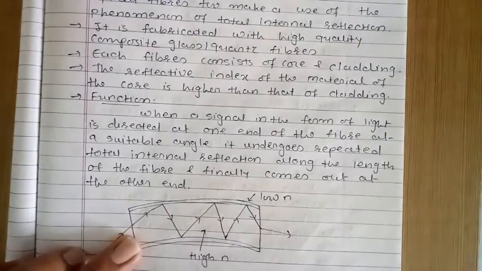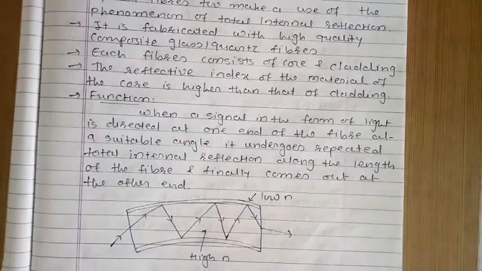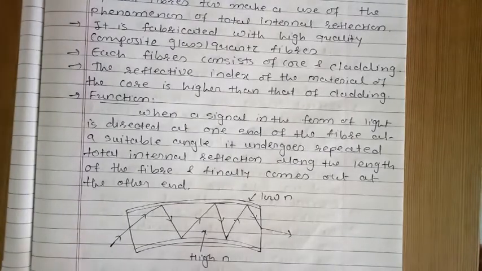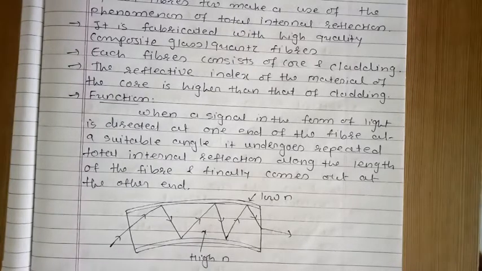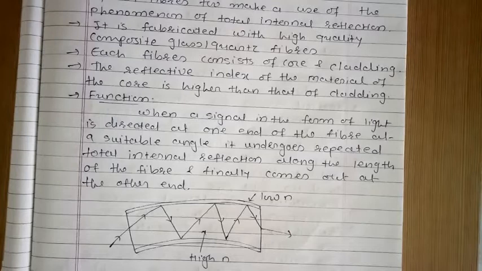We know that if a ray of light goes from a rarer to a denser medium, then it bends towards the normal, and if a ray of light goes from a denser medium to a rarer medium, then it moves away from the normal, right?